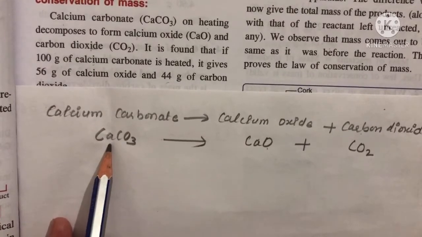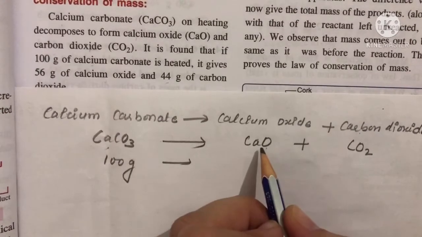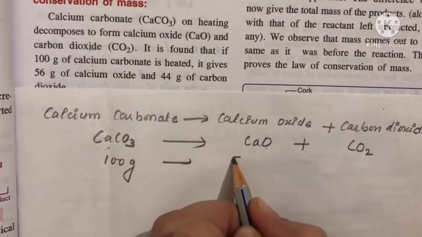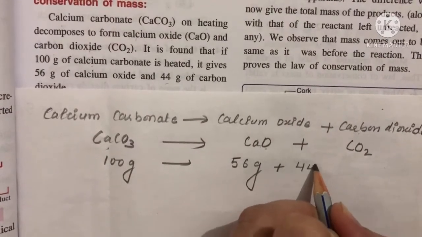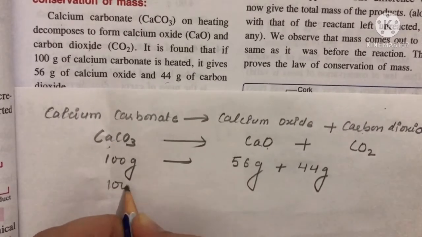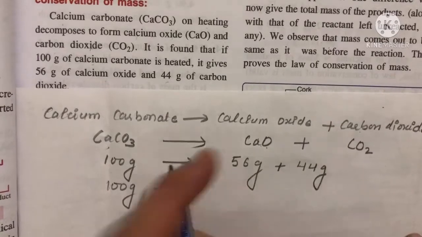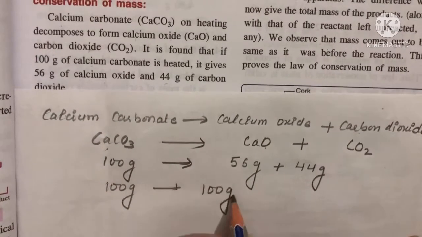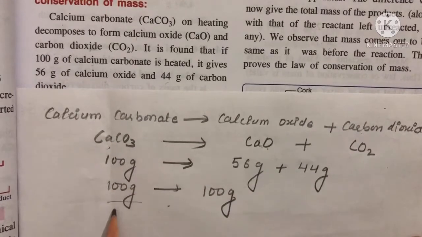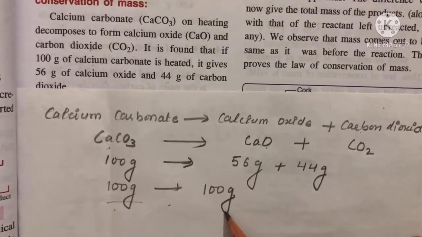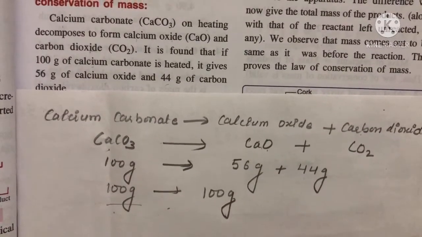Here the mass of calcium carbonate is 100 gram and the mass of calcium oxide is 56 gram plus the mass of carbon dioxide is 44 gram. Now add the masses of calcium oxide and carbon dioxide, it is 100 gram. Now it is also clear in this reaction that the mass of the reactant is the same as the mass of the product. So this is also based on the law of conservation of mass.